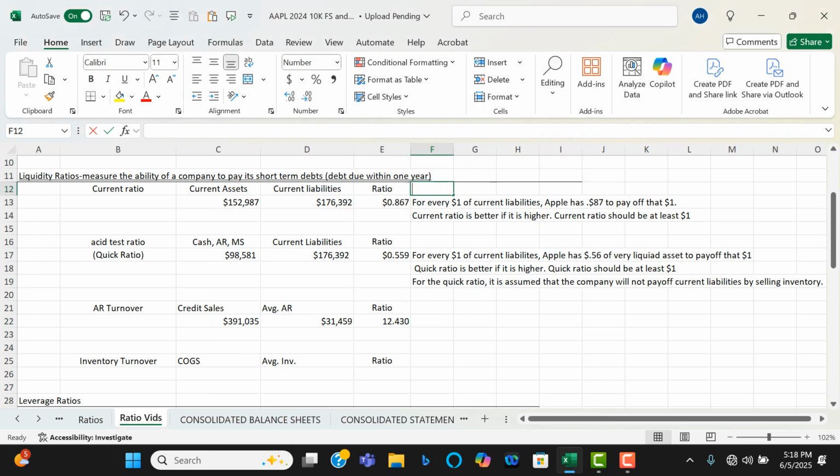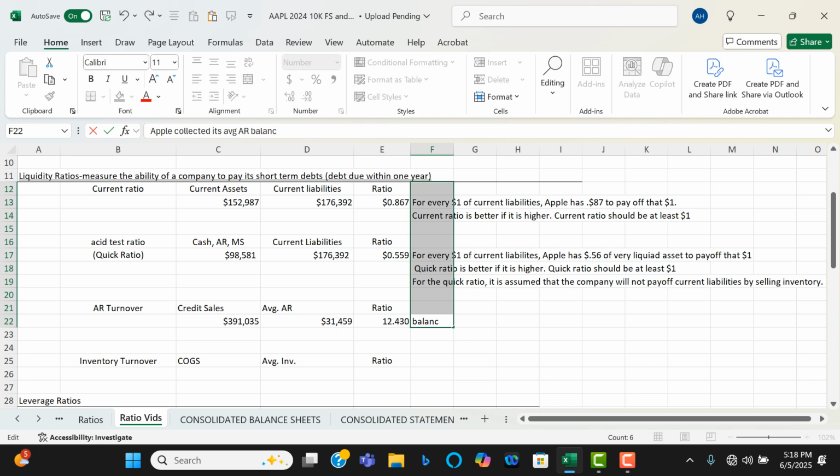This means that Apple collected its average accounts receivable balance 12.43 times this year.